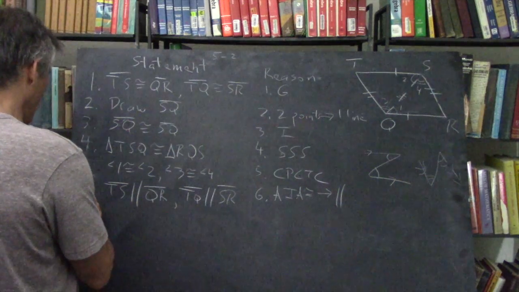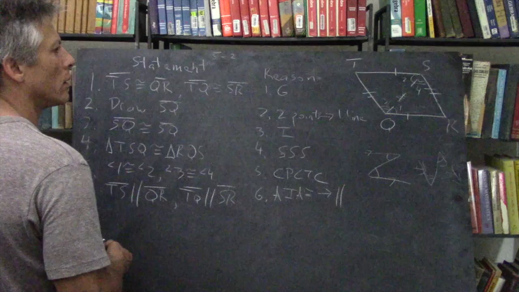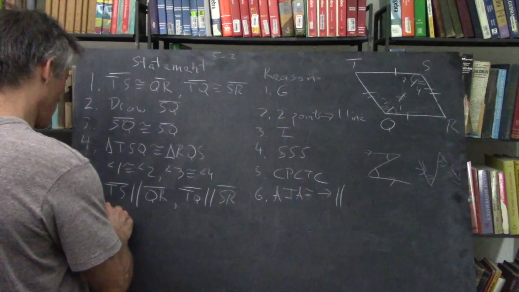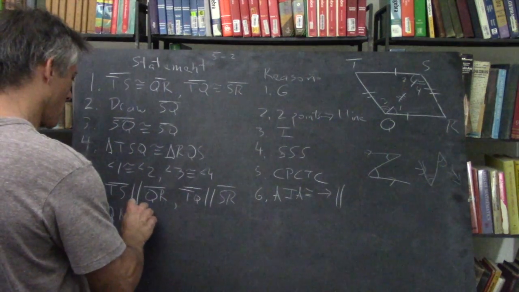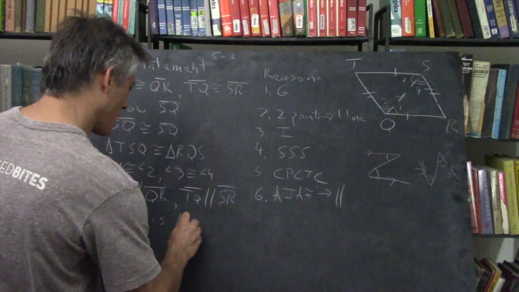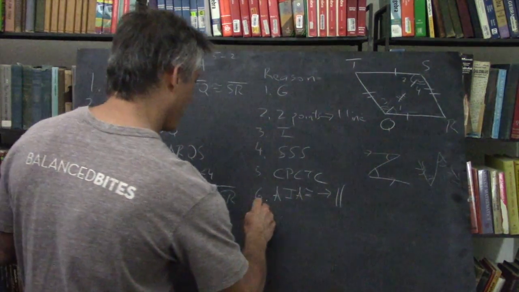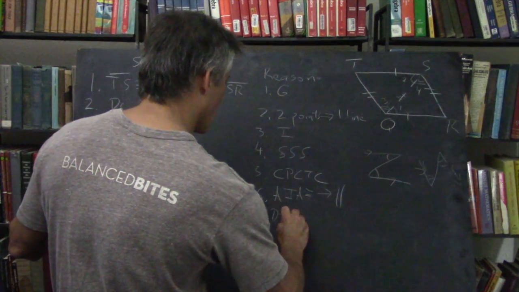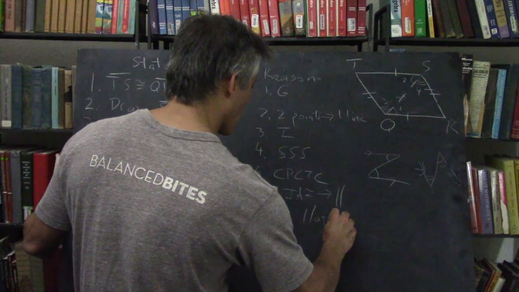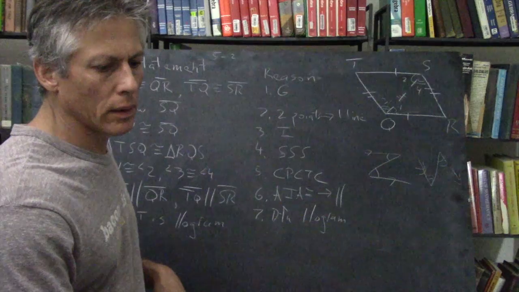And then by definition, QRST is a parallelogram. Definition, parallelogram. All right, good. So now on to the next one.